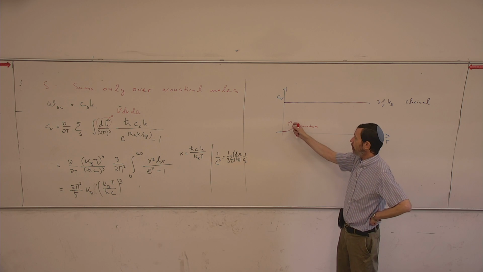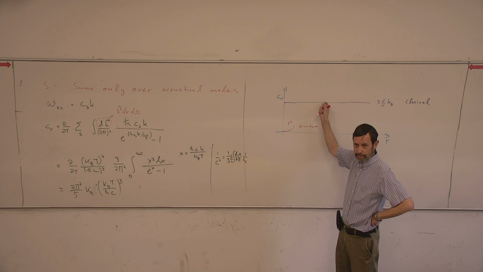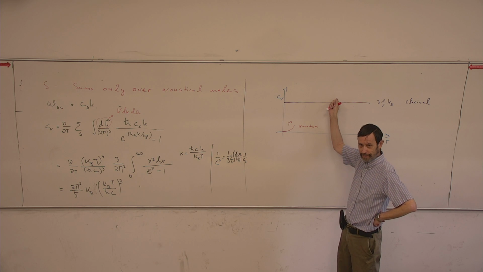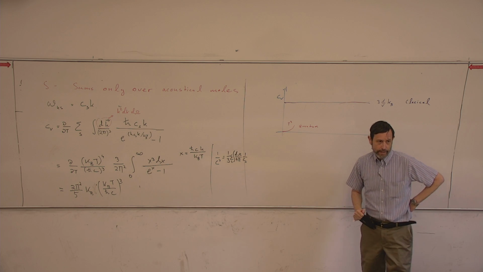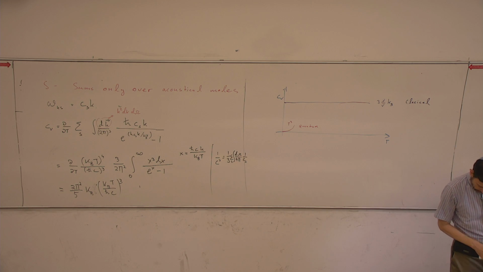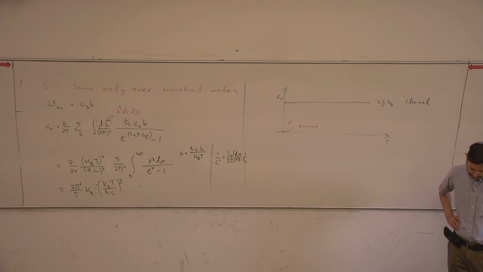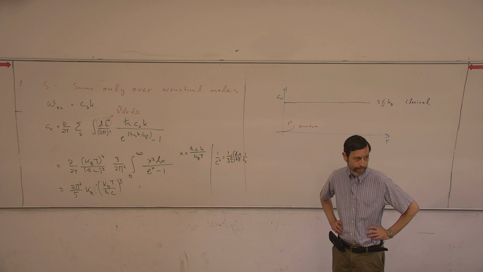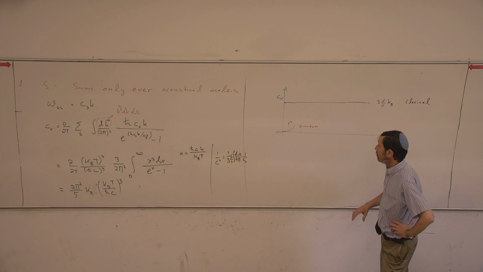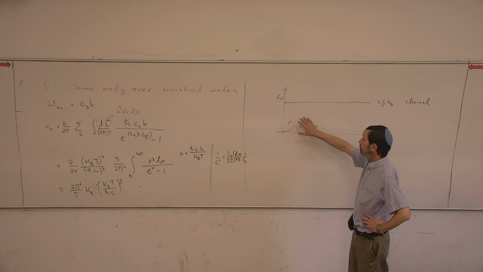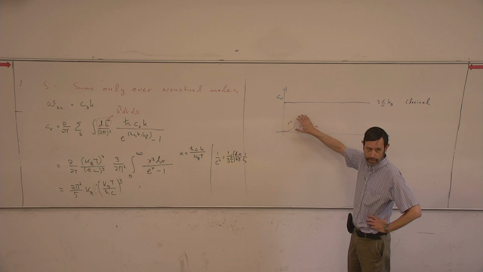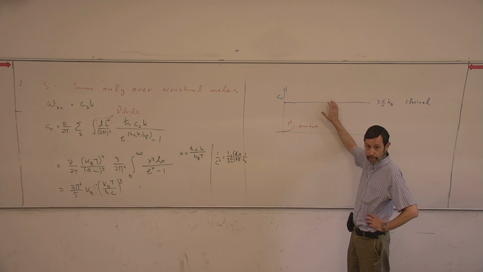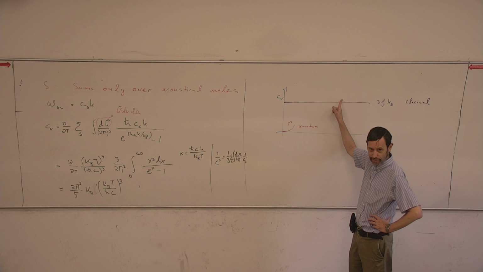So in order to answer the question, what happens between here and here, that is basically the Debye approximation. Just to give some qualitative answer on the behavior between here and here.